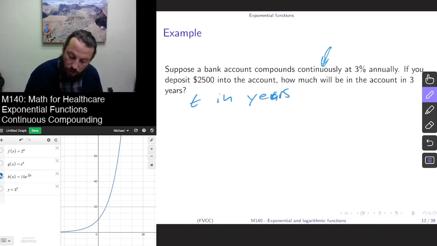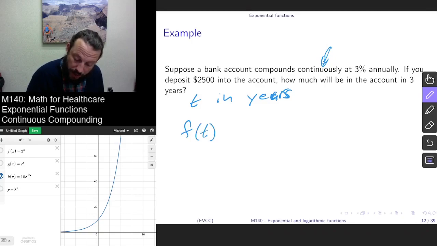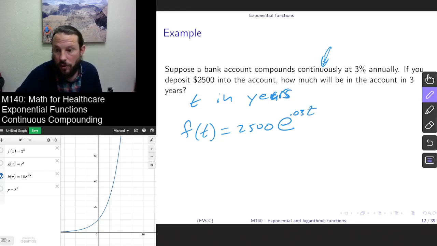What we want is our function. Again, we go back and look at our formula. Our initial amount is 2500. Since it's continuous, we have a base e, and then 3% is 0.03 t.